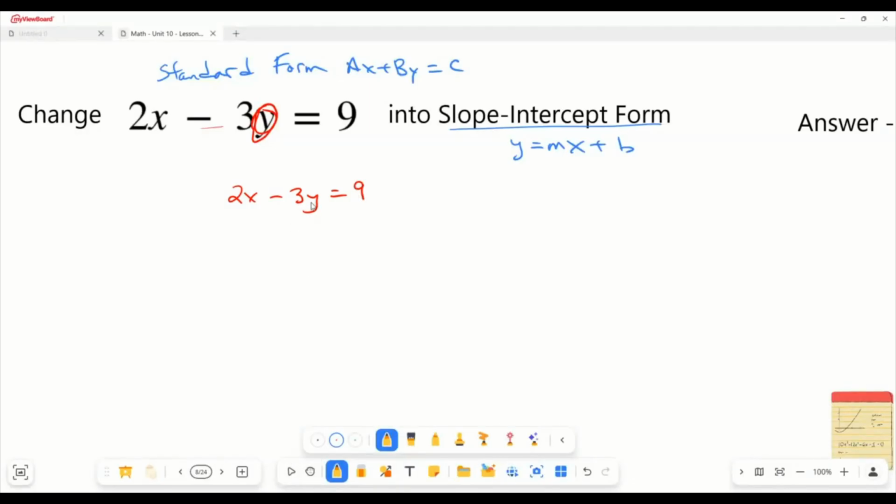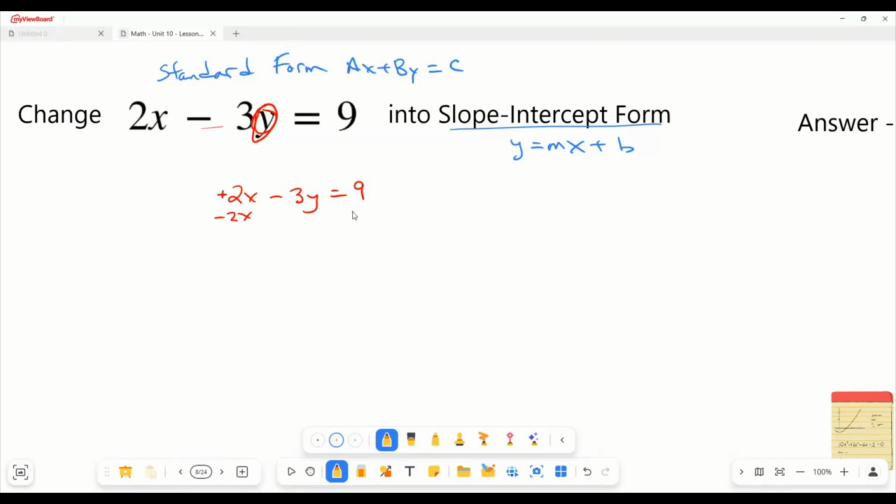The negative 3 is being multiplied, so I don't do that first. The 2x has a positive sign in front of it. It's being added to 3y, negative 3y. 2x added to negative 3y. I undo addition or subtraction first. So I'm going to subtract 2x, so those add out.